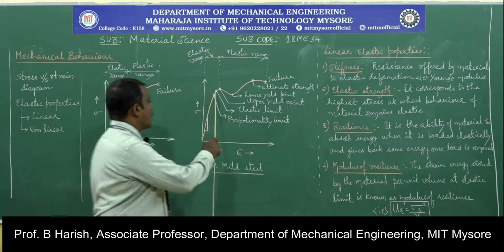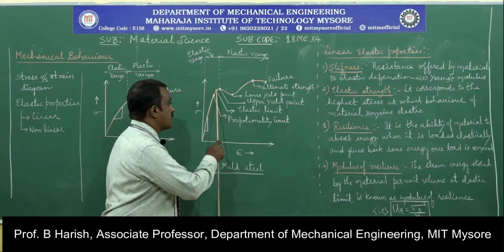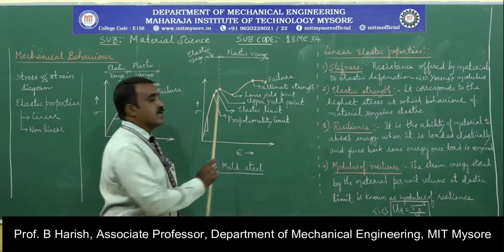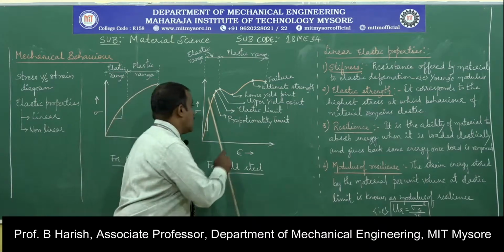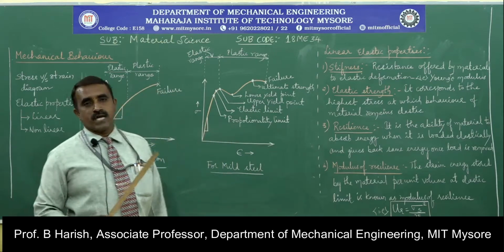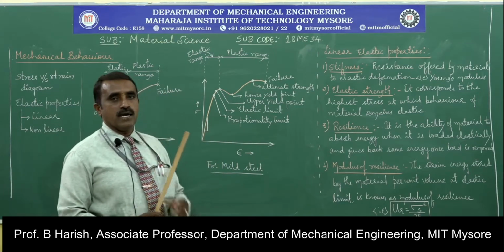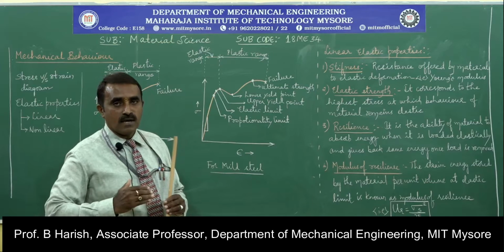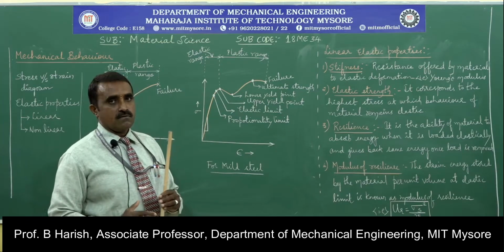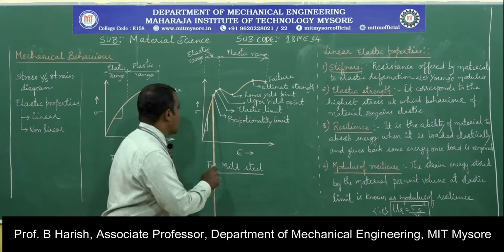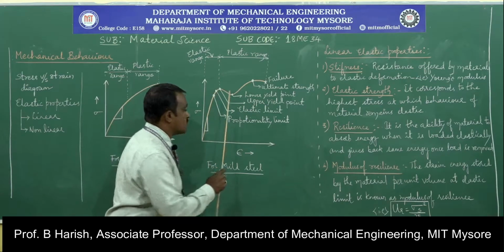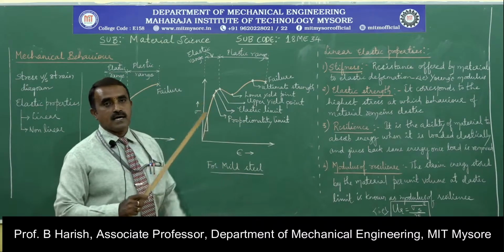Then if we continue further, this is called the elastic limit. After crossing the proportional limit, the deformation will be faster. We can see that here it is a straight line, then the straight line starts taking a curvature.